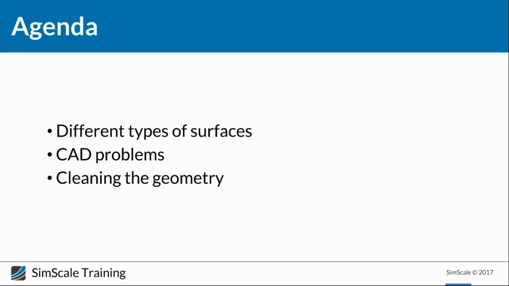Usually when we design, there are a lot of issues that we will face, and these issues will have a direct impact on the simulation that we're going to run later. In this part, we're going to discover what these problems are. The last part will be the cleanup of the geometry and how we can clean the geometry to make sure that we have a robust mesh and a good simulation that we can rely on.